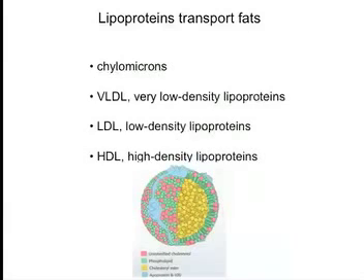Low density lipoproteins are carrying cholesterol from the liver out to the tissues. And that's a bad thing because that could lead to the deposition of that cholesterol in the tissues, which we normally would associate with disorders such as various kinds of heart disease. The high density lipoproteins, on the other hand, are carrying the cholesterol back from the tissues to the liver for storage or degradation. So that's our good cholesterol.